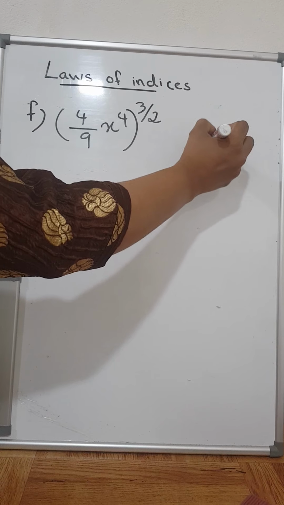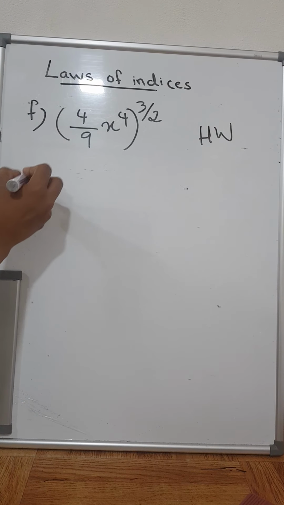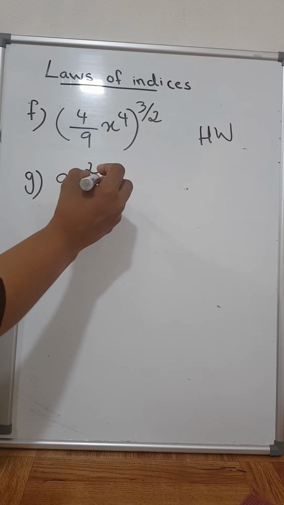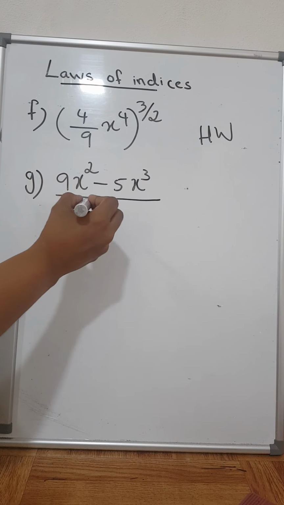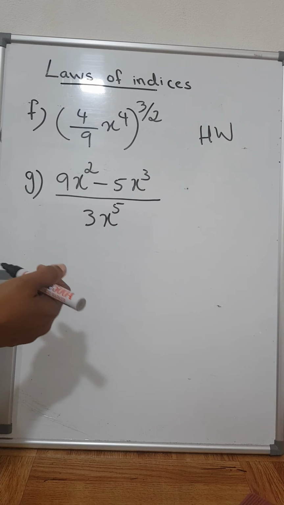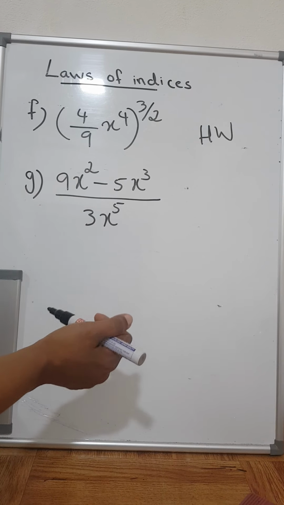This is a homework. Now we have question number G, 9x square minus 5x cube, divided by 3x to the power 5. This one also you can try as a homework.